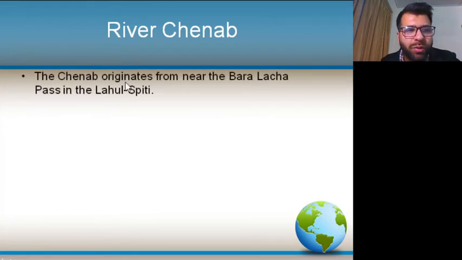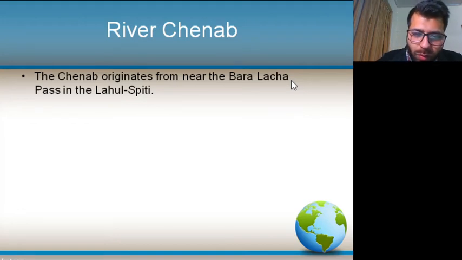The river Chenab originates from near the Bara Lacha Pass, or Bara Lacha La. In chapter 2, you have read that in the Tibetan language, they call mountain passes La. Like in the Uttarakhand local dialect, people call the big and elder brother Daju.